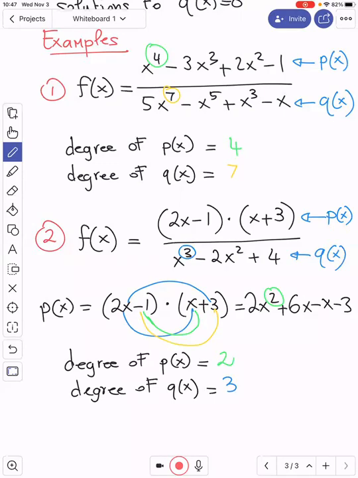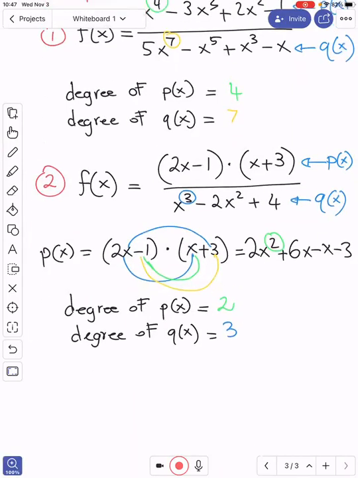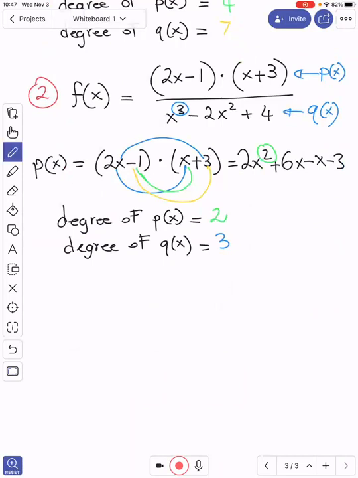Yeah, so this is another example of a rational function. All right, and again, guys, if you have some power which is not a positive whole number, or a constant, or 0, then your f is not rational.